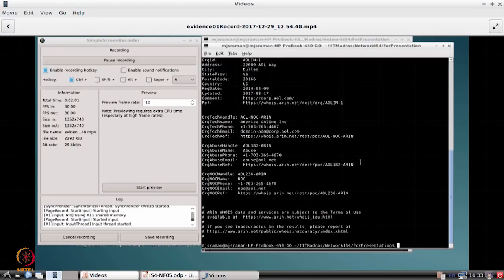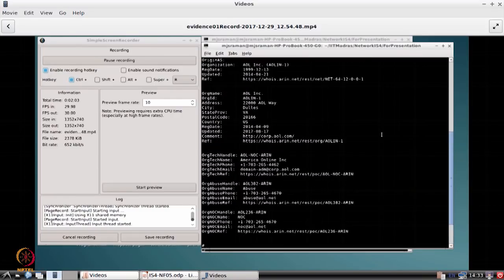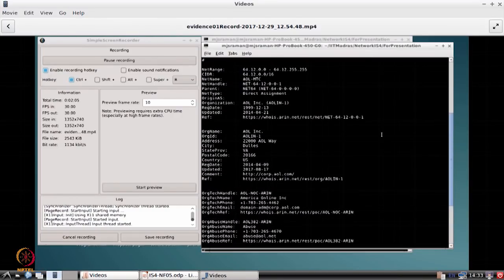Now, you see that it tries to tell you who the person or the institution is which has this address, and we are able to see that this belongs to AOL, that is America Online. So, one thing is now clear: this person has tried to contact an external location and done some activity. That is what we can understand from these two tools.